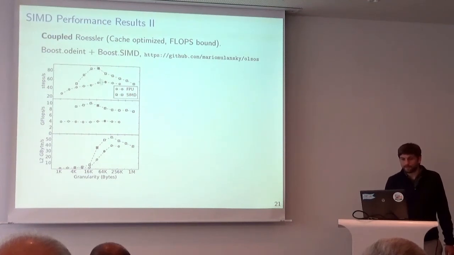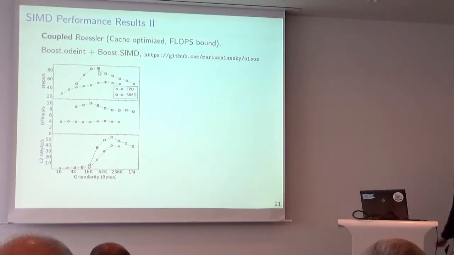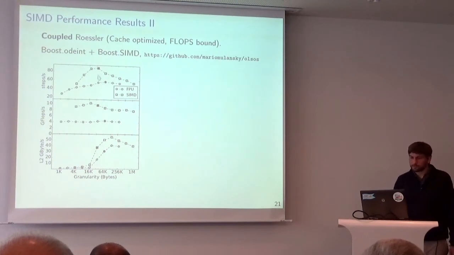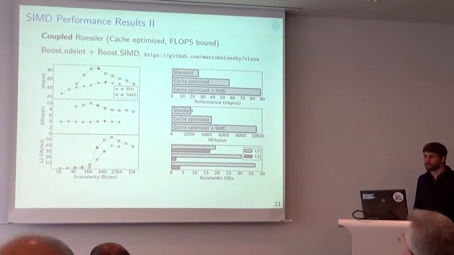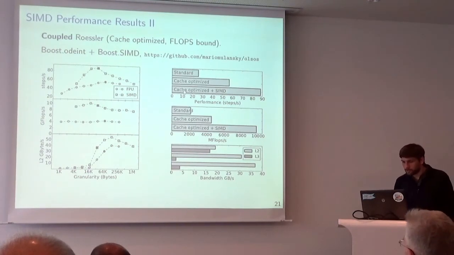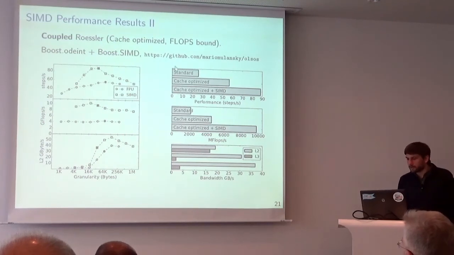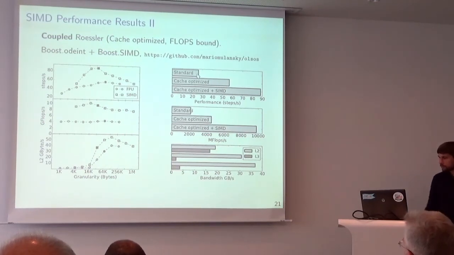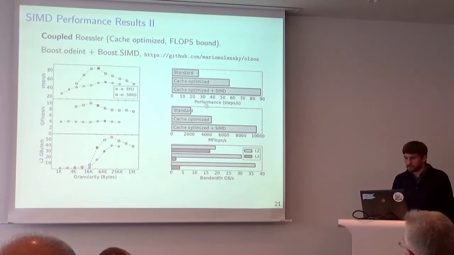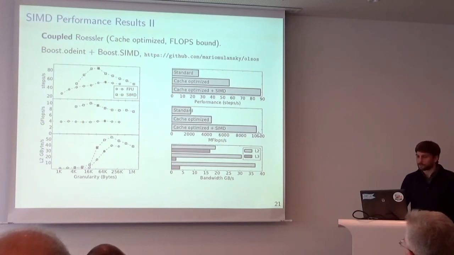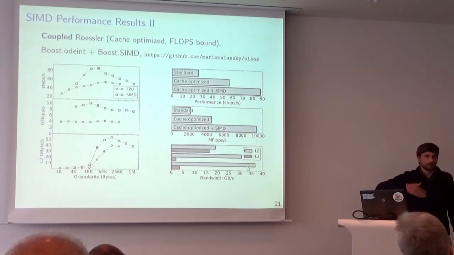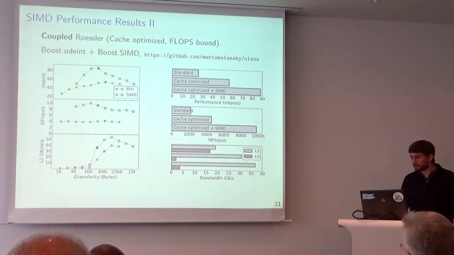But again, I can figure out optimal granularity, and I use this to compare against my previous implementations. And you see that now using this cache optimized version and Simdi instructions, I get a factor of more than 3 of overall speed up. On this CPU, I'm reaching 10 gigaflops almost. And well, I mean, I have a bit more of L2 memory bandwidth, but I'm still flops bound, I think.